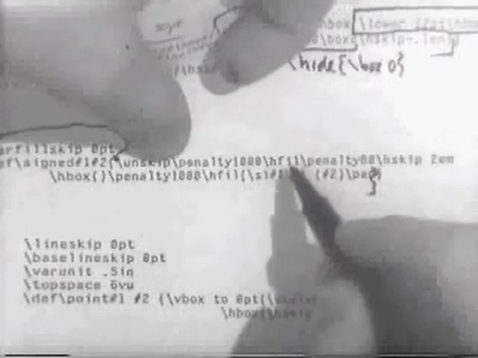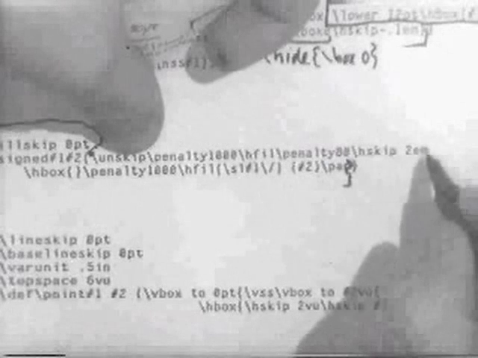Then I give a space that is unbreakable, \penalty with \hfill 1 line, which is enough to fill a line comfortably. And then I give a penalty of 80. That 80 is kind of subjective, but we'll talk about that in a minute. Then I skip 2em.